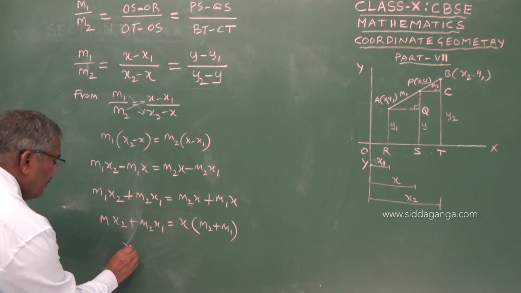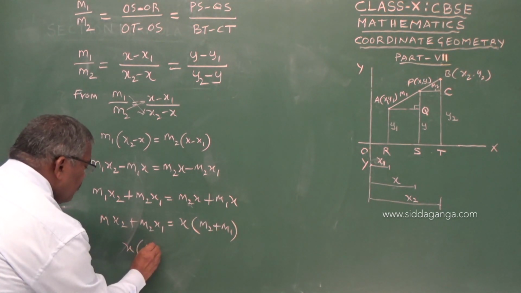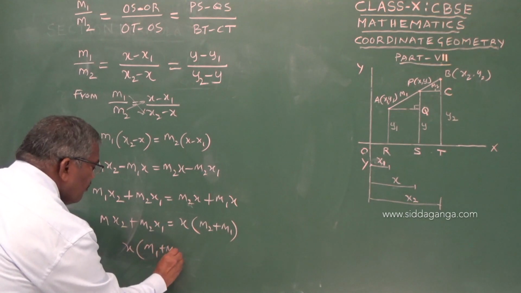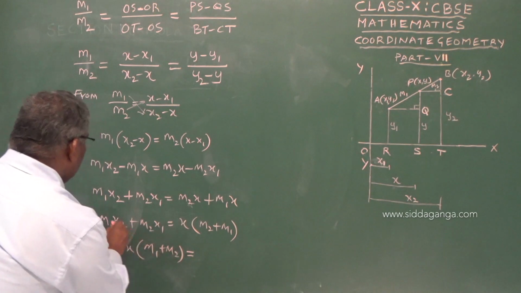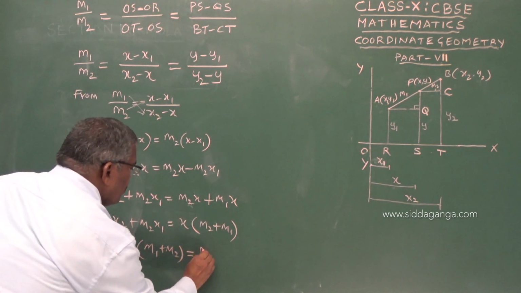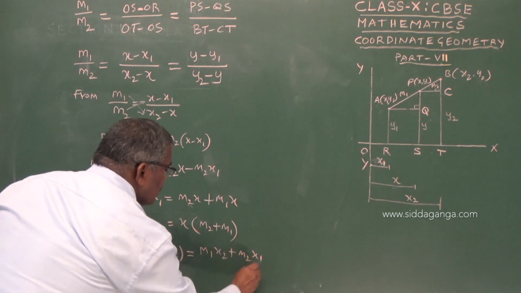Or I will write x into M2 plus M1, which is the same as M1 plus M2, equals M1 x2 plus M2 x1.